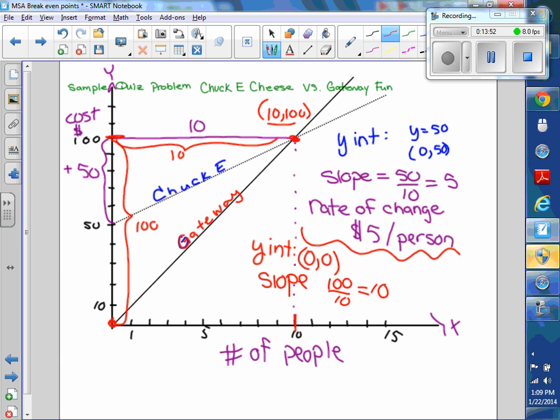Okay. So the only new thing is to figure out where these are equal. Now you guys know how to do it with a graph, right?